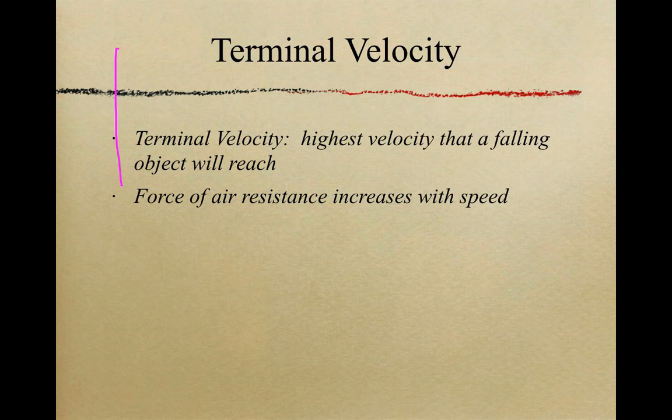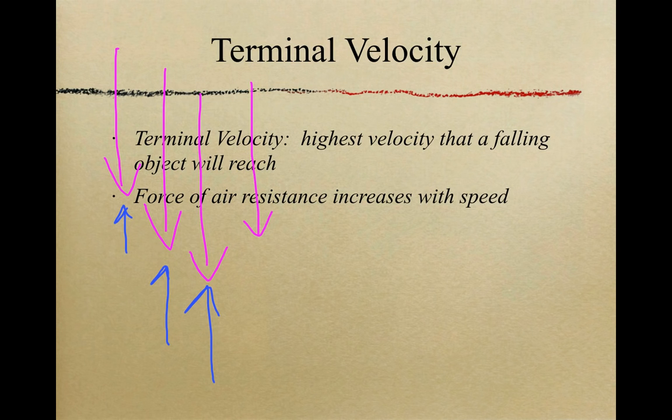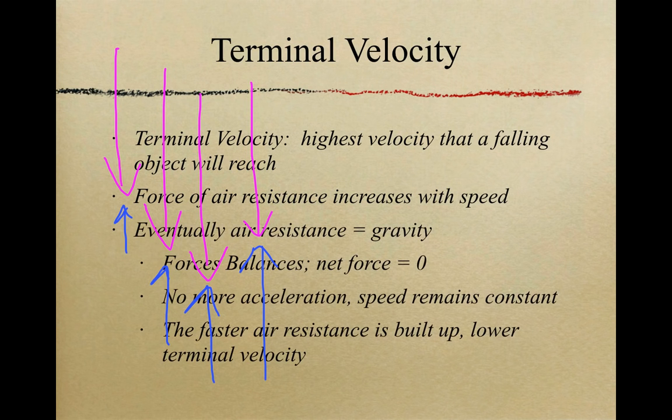As I'm falling, I keep accelerating towards the earth, and as I accelerate, air resistance picks up. Eventually, we get to a scenario where the force of air resistance is equal to the force caused by gravity.